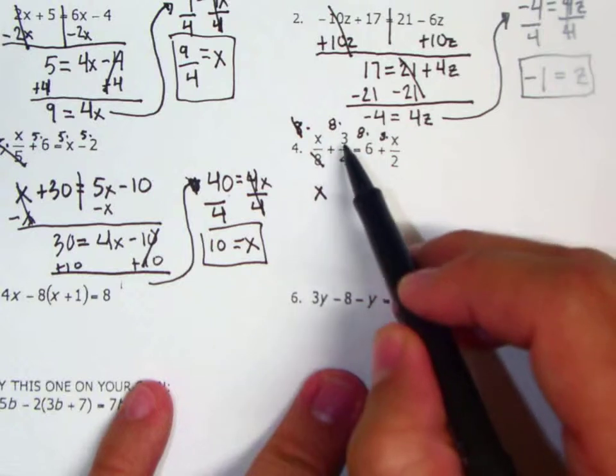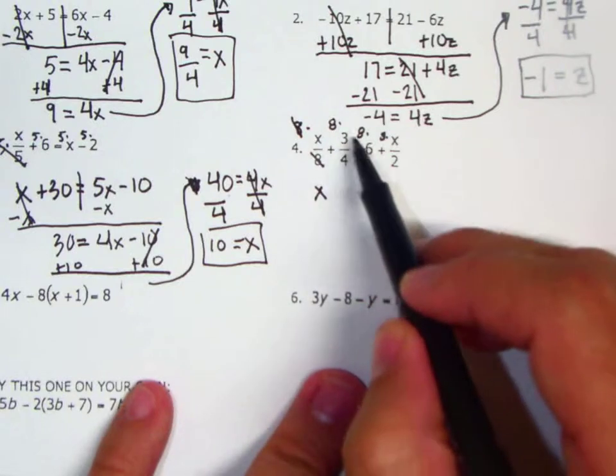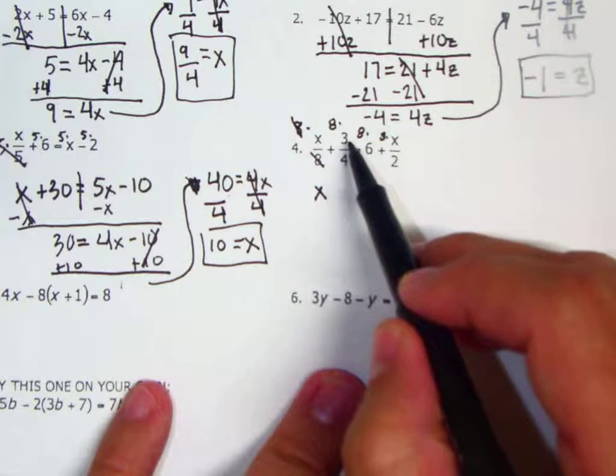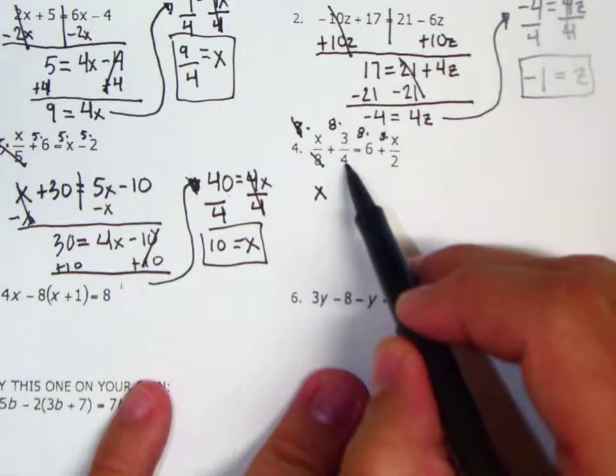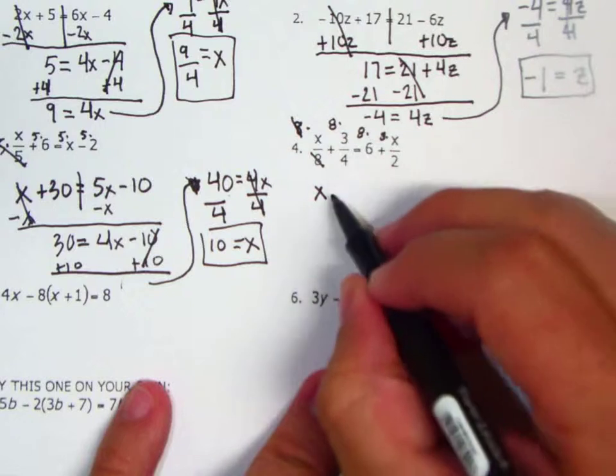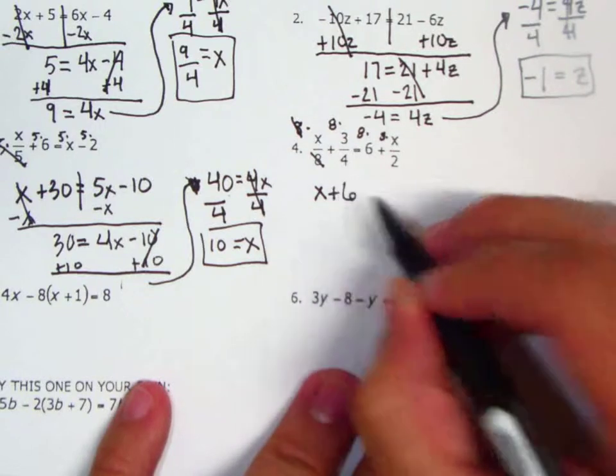Multiply times the top, then divide by the bottom. So I'm going to do 8 times 3. It's 24. Then divide by the bottom. So 8 times 3 is 24 divided by 4. 24 divided by 4 is 6. So plus 6.